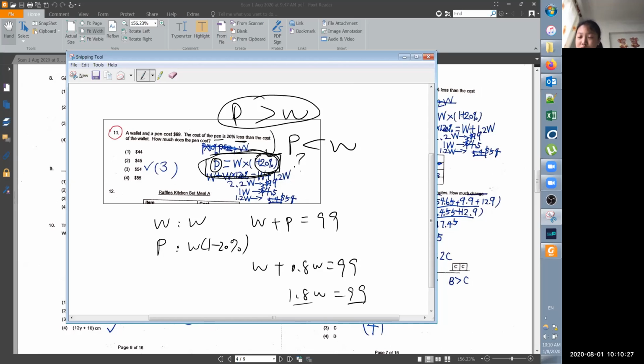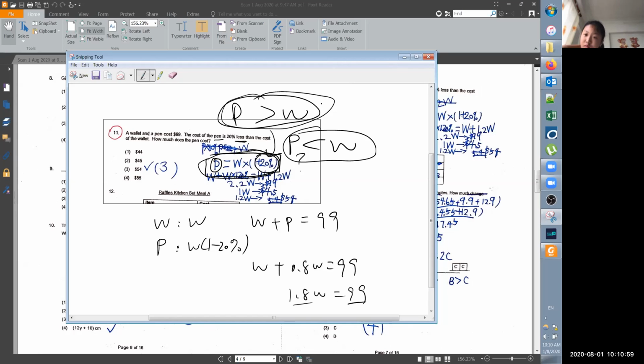So I mean, this is a very, very unfortunate mistake. Why? Because the question clearly says the P is smaller than W. But given the equation you formed, you are clearly saying P is bigger than W, which totally doesn't make sense.